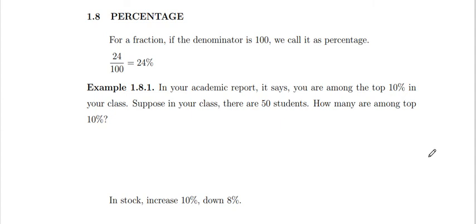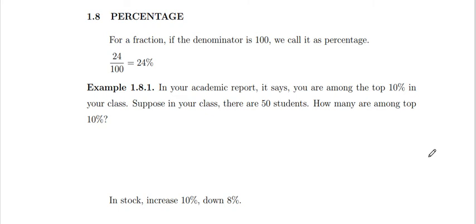Okay, so a typical fraction is a percentage. A percentage is when the denominator is 100, then we call this a percentage. Like 24 over 100, we can say this is 24%.